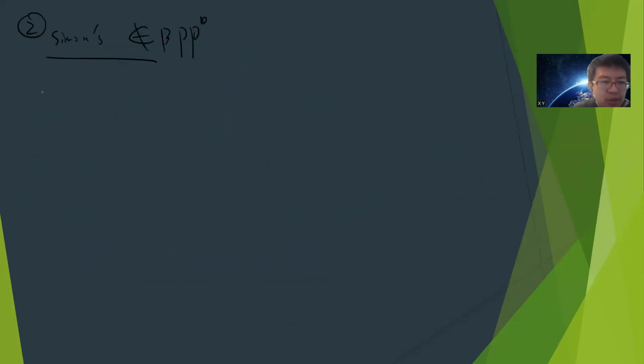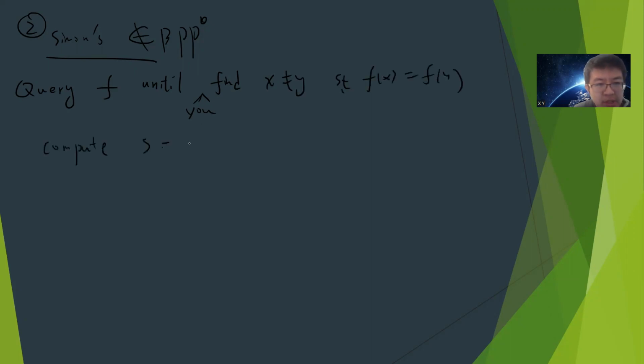So basically you just keep querying f until you find x different from y, such that f of x equals f of y. Then you can compute s equals x direct sum y.